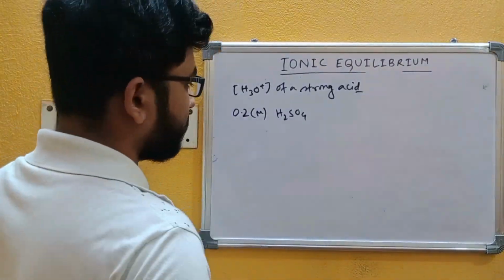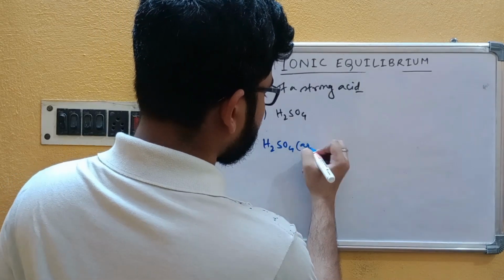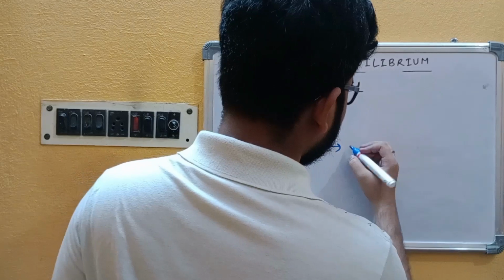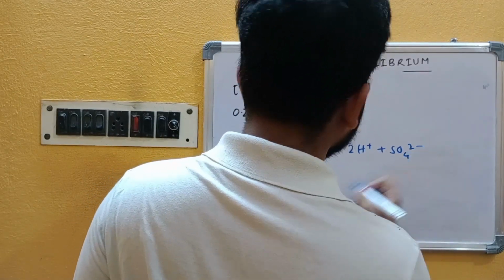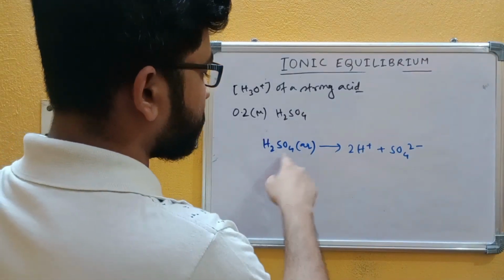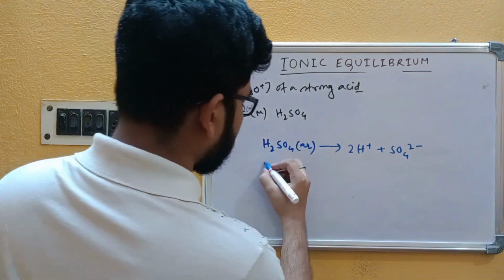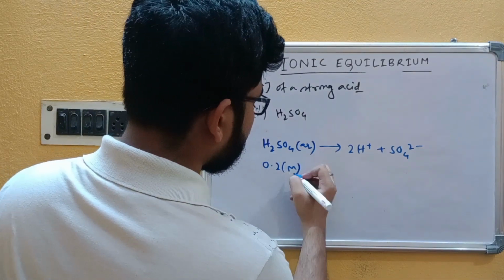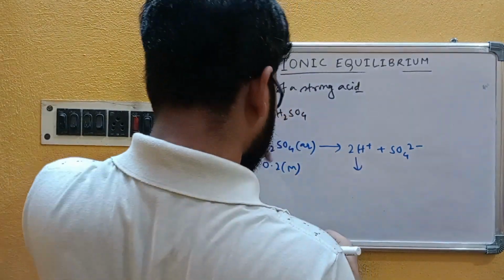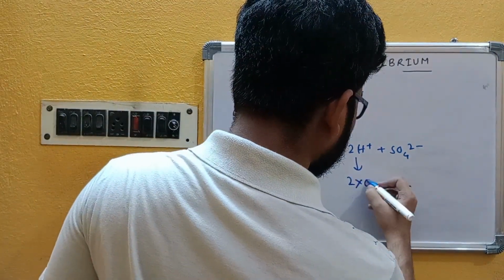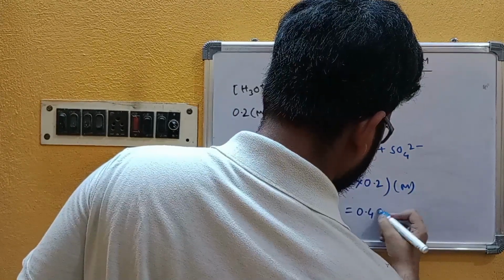So in order to find that, H2SO4 in aqueous solution completely dissociates to 2H plus and SO4 2 minus. So if the concentration of H2SO4 is 0.2 molar, then the concentration of H plus will be 2 into 0.2 molar, that is 0.4 molar.